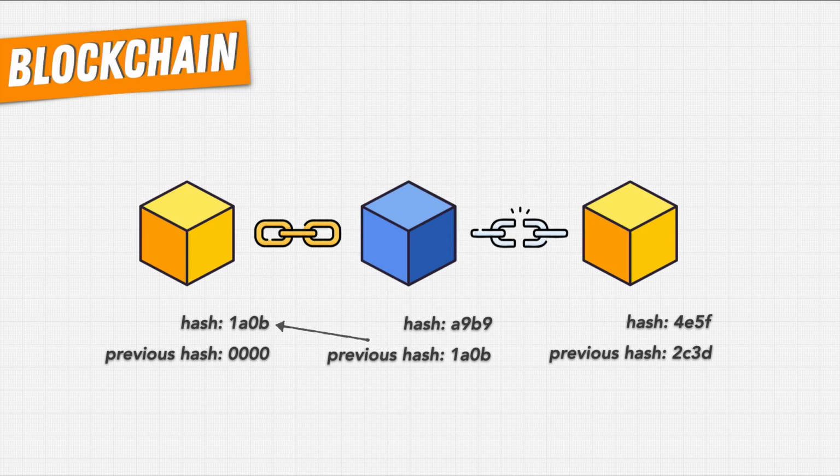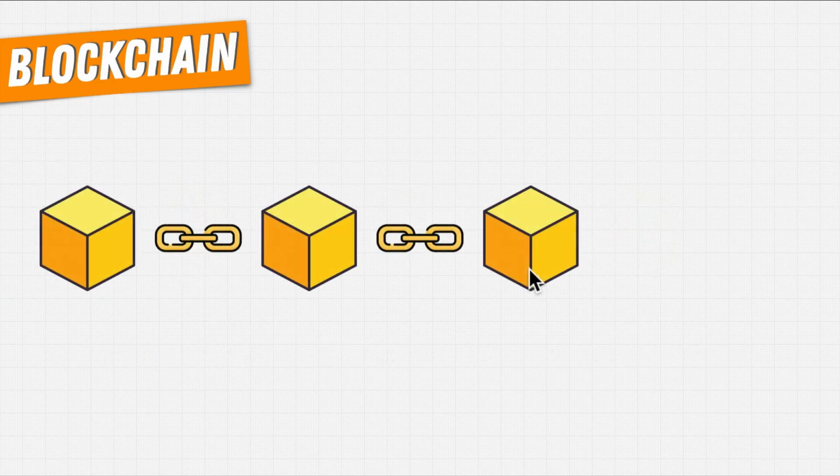Now, this might not seem like the best behavior. We don't want hackers to be able to break the entire blockchain, right? We'll see why this is in fact a feature and not a bug in the next video. But first, let's recap. So, blockchain is a database, but it's a database that has some special rules.